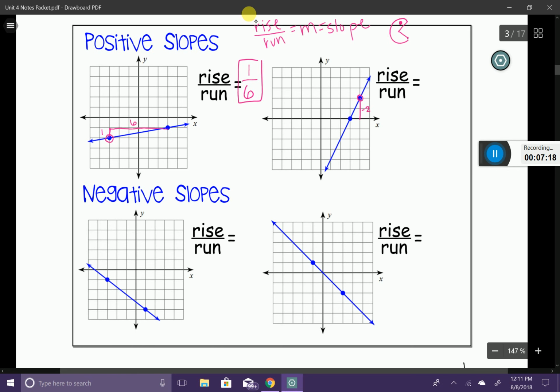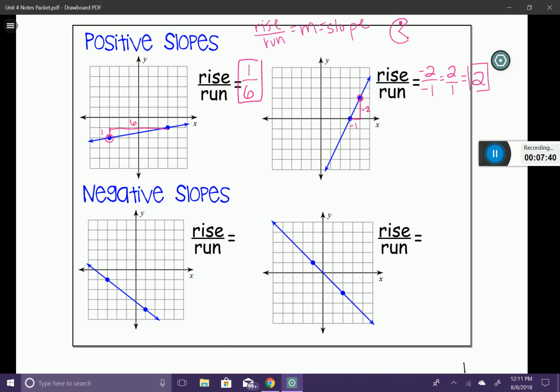Then I'm going to run -1. And that's going to give me a rise of -2 and a run of -1, which I know will not only simplify to 2 over 1, making it positive, but it'll also simplify down to 2. The slope of this line is going to be 2.